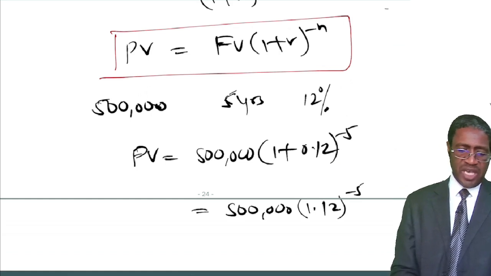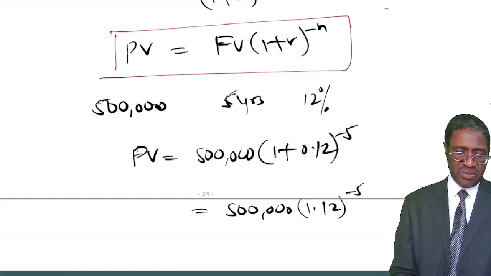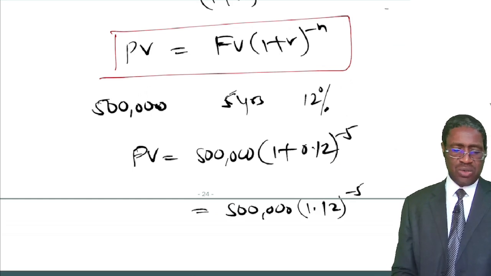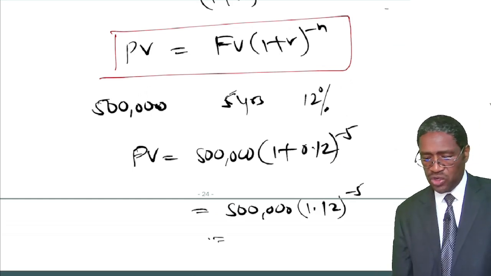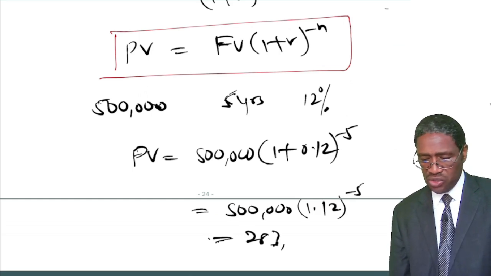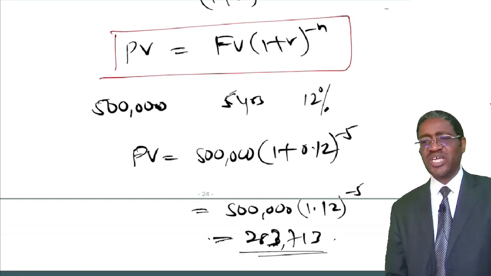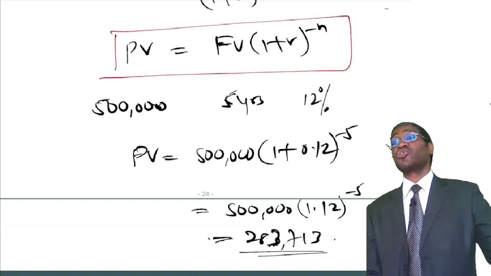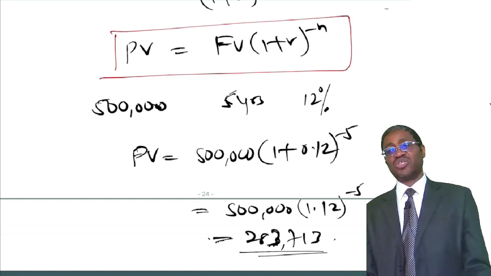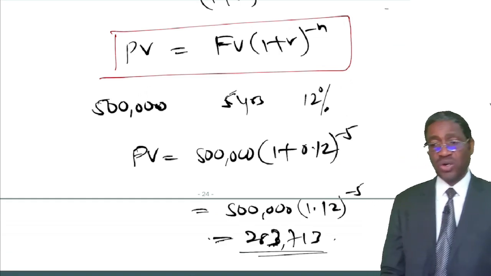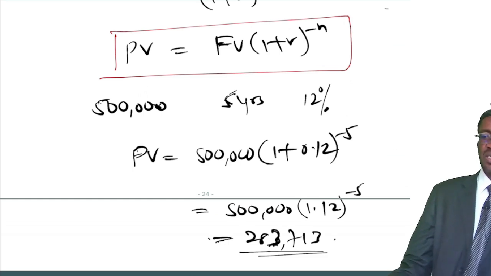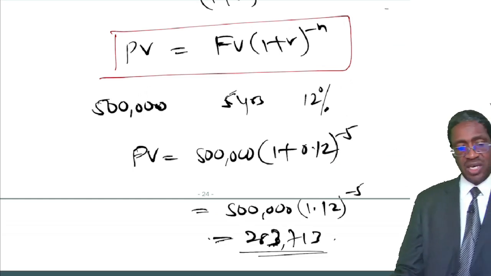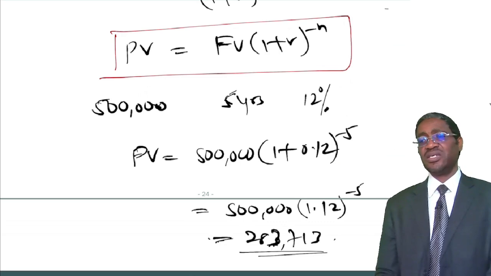When I multiply everything by 500,000, that looks like an amount of 283,713. That's what you should invest now in order to get your 500,000.